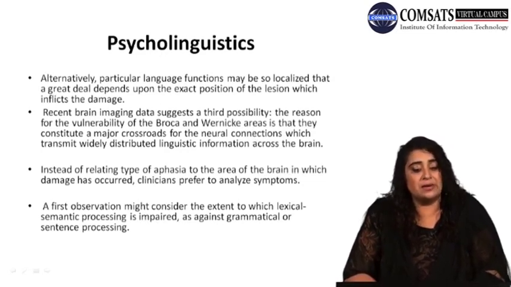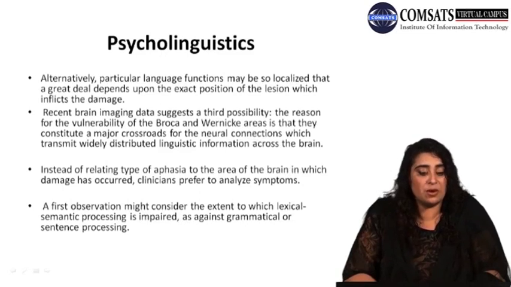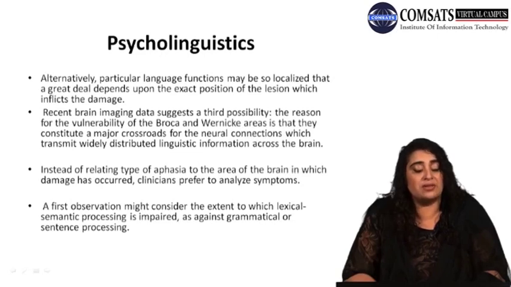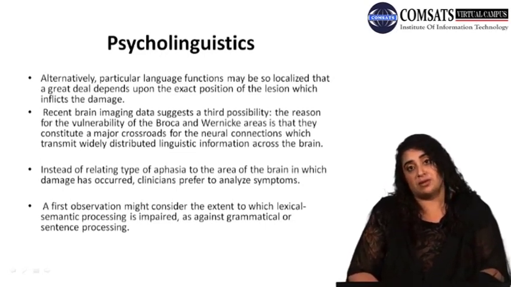So instead of relating type of aphasia to the area of the brain in which damage has occurred, clinicians prefer to analyze symptoms. A first observation might consider the extent to which lexical semantic processing is impaired, as against grammatical or sentence processing.